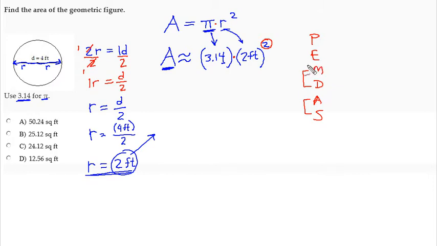So we have multiply and we have exponents. We generally do these from top to bottom, and what we have to do first is evaluate the exponent that's on this radius first.